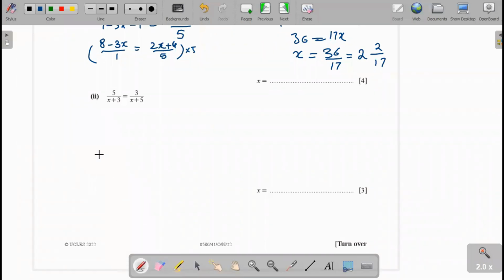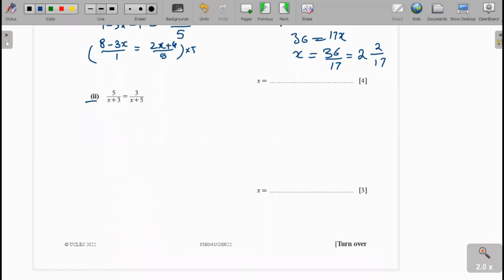Now you see here the second part: 5 over x plus 3 equals 3 over x plus 5. Now you can simplify by cross multiplication. You see here 5 multiplied by x plus 5 and 3 multiplied by x plus 3.